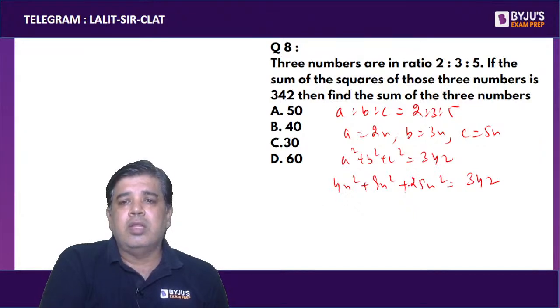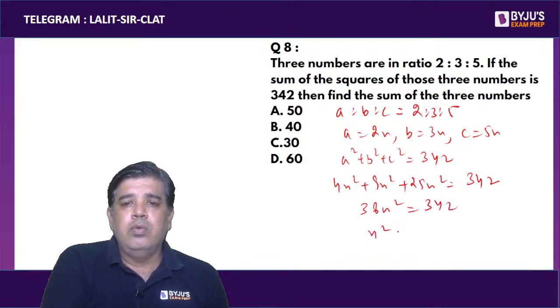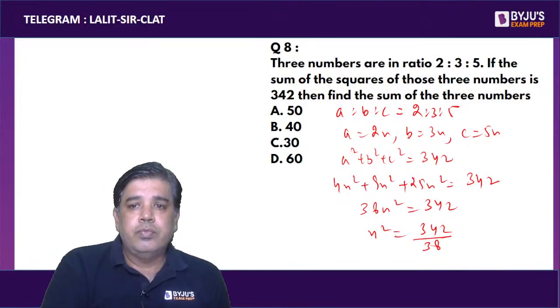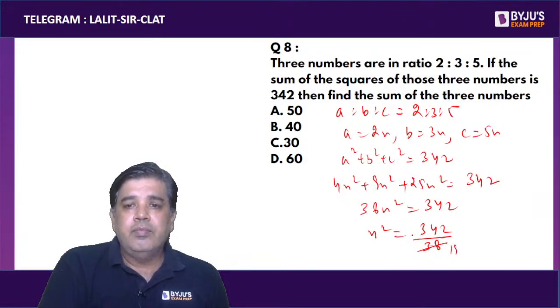So 4 plus 9 is 13, plus 25, 38x square equals 342, x square is 342 by 38, right?